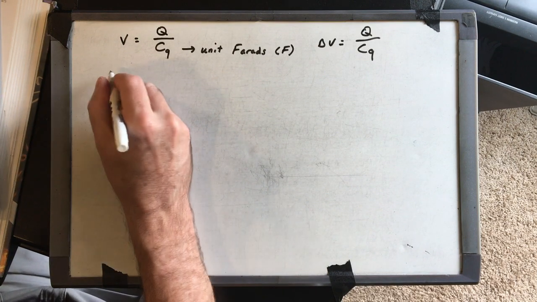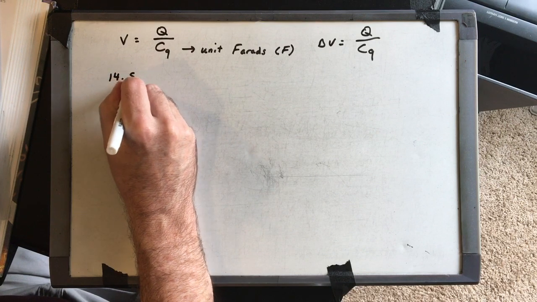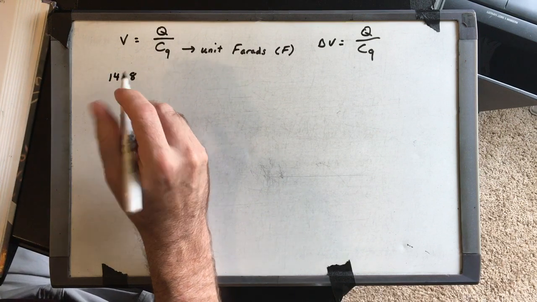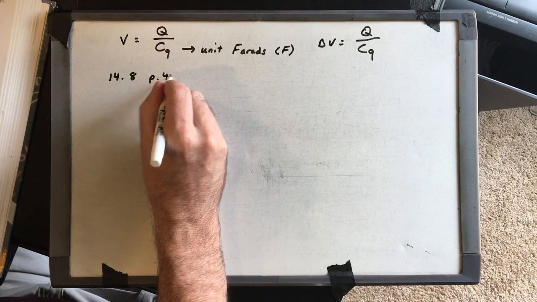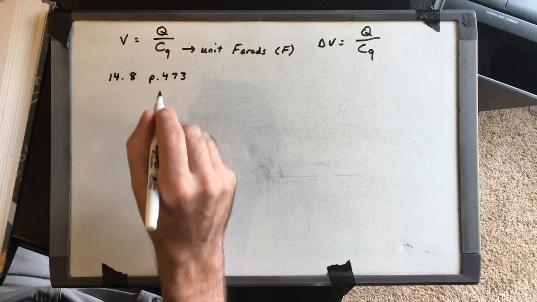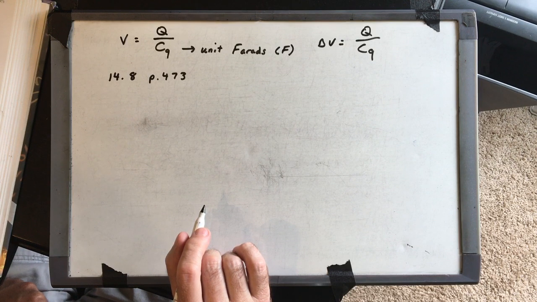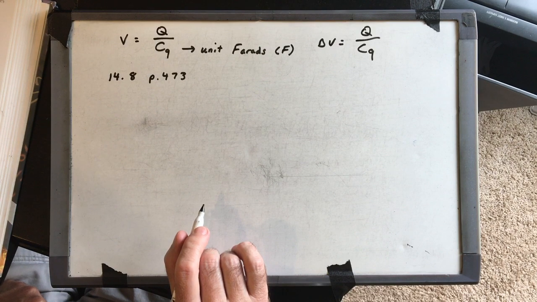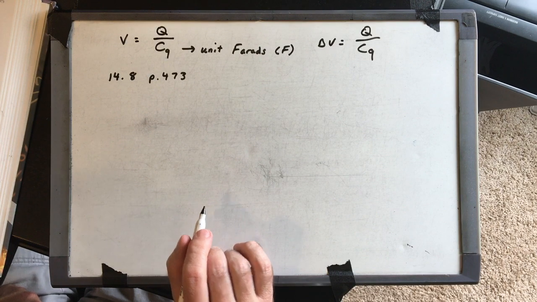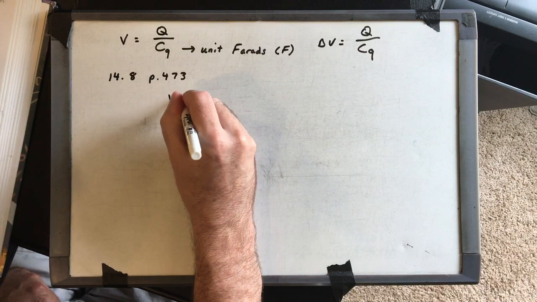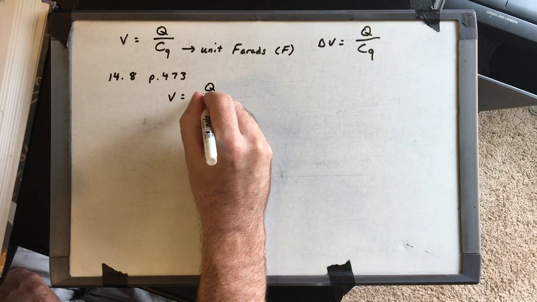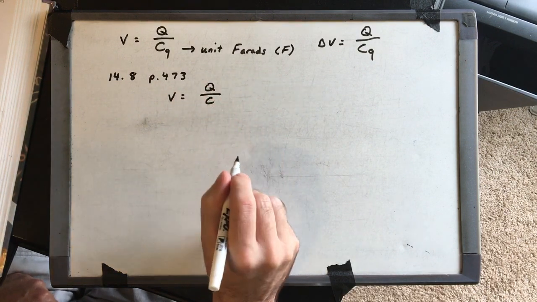So let's look at 14.8 on the bottom of page 473. So if you'll read along, it says, if a 4.6 times 10 to the minus 6 farad capacitor must be used to generate 125 volt electric potential, how much charge must it store? Okay, so we'll start with this equation. Voltage is equal to charge over capacitance.